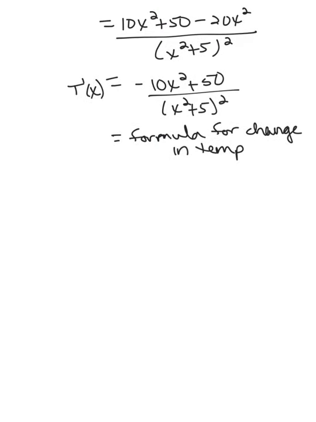Then the problem goes on to say, now find and interpret the change in temperature at 0, 1, and 3 hours. So what's happening at 0? If we put 0 into this, we will have 0 plus 50 over 0 plus 5 squared.